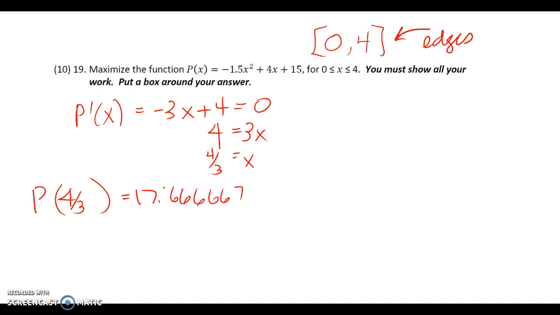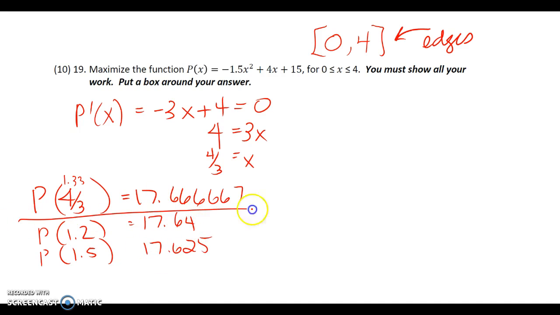Oh, I know what I did. Well, this was 4/3 is like 1.33, right? To make sure it was a maximum, I checked on either side of it. I went a little lower and I went a little higher, and I found out that 6.4 was here and 6.25. So I did show that this critical point was a maximum.